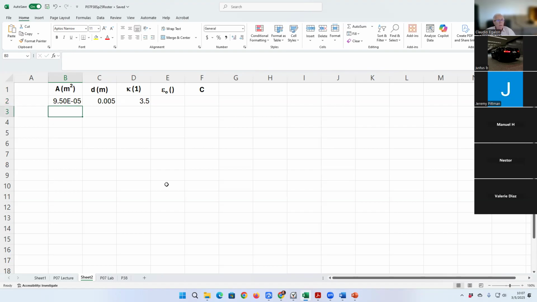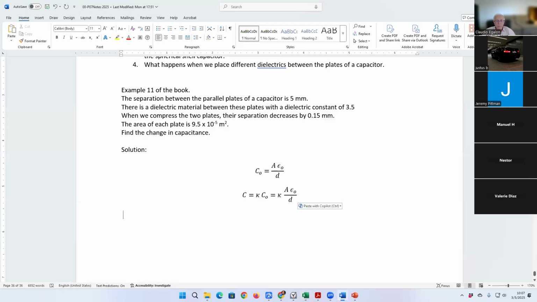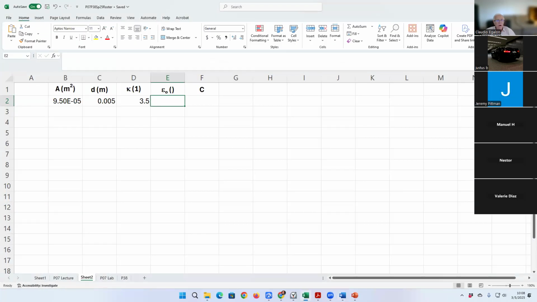And then we've got to get the epsilon naught. First we're going to calculate the capacitance without compressing it, 5 millimeters. And then we're going to calculate the capacitance with the compression.